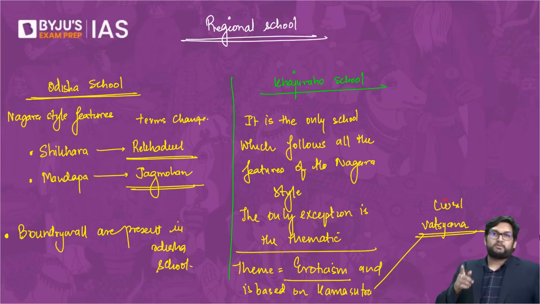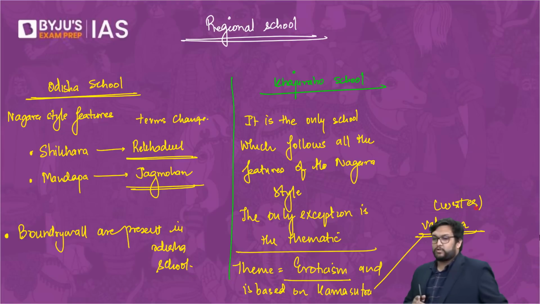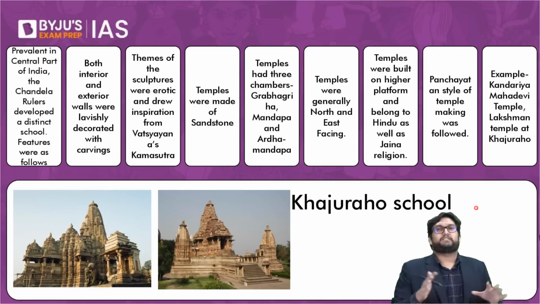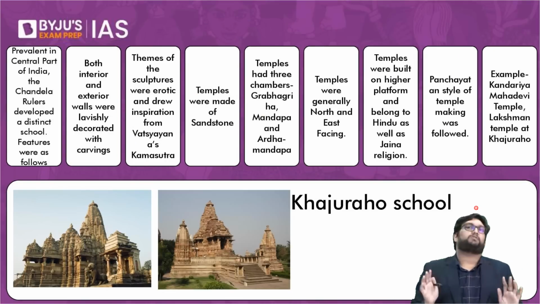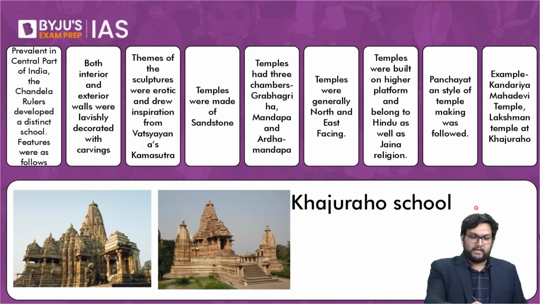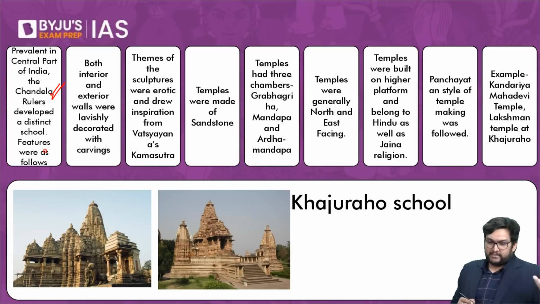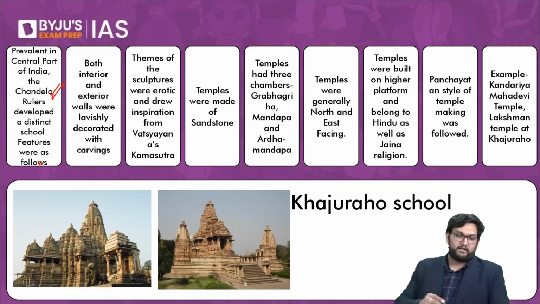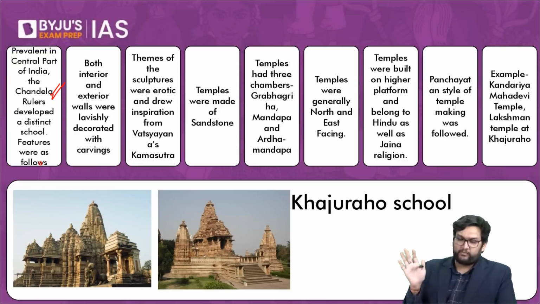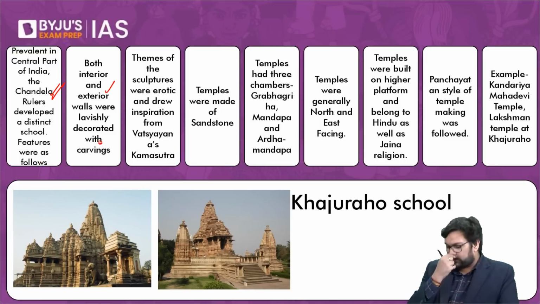So when we talk about Khajuraho, it has all the features. Most of the pictures which I've shown you are actually of Khajuraho. Khajuraho, made by the Chandela rulers, prevalent in central India. Both interior and exterior are very beautifully carved.